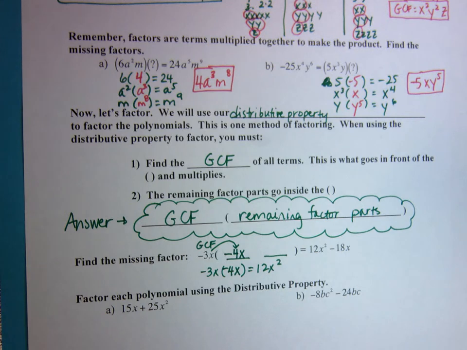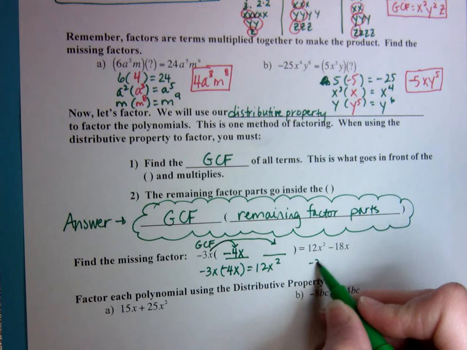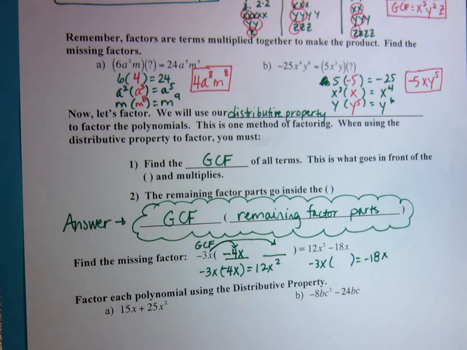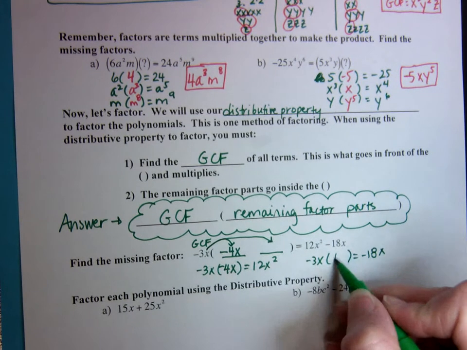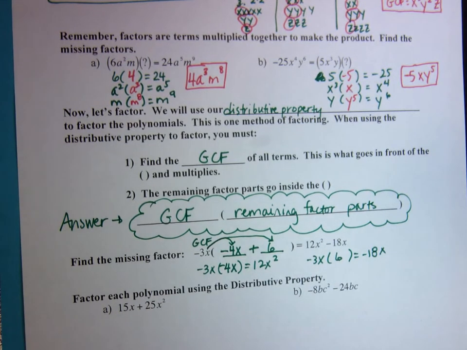Now we'll do the second part of it. Negative 3x times what will give you negative 18x? Just 6. So that's what will go here, and we'll put a plus to separate them. So the missing factor here would be negative 4x plus 6. You see what we did?